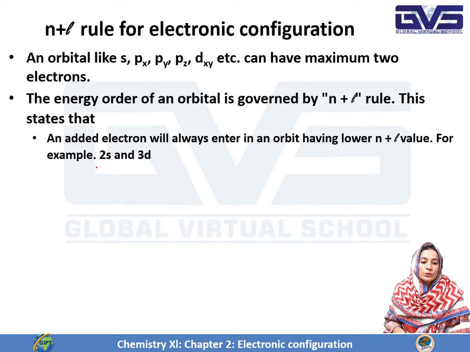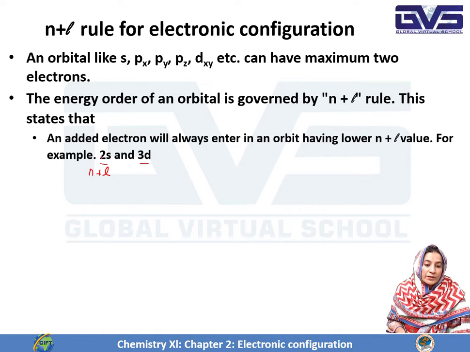For example, 2s and 3d: we have two subshells, or you can say orbitals in different orbits. How to calculate their energy according to the n plus l rule? Apply n plus l. n is the principal quantum number, l is the azimuthal quantum number.